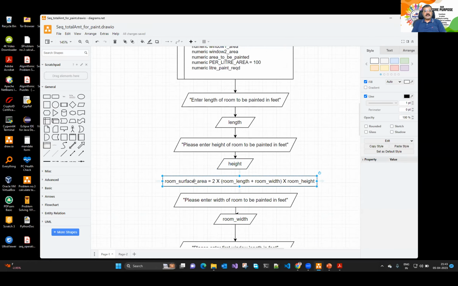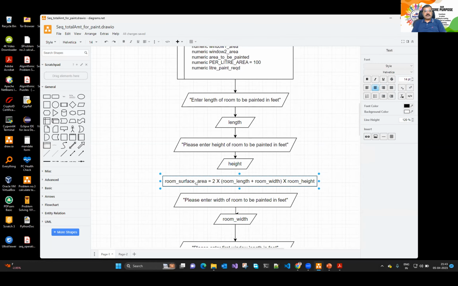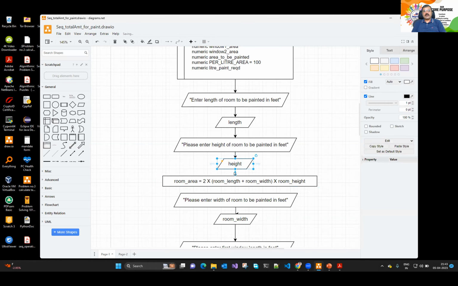So room area is what we had to calculate. So I'll just say room area. I'm saying room area is equal to so and so. So I have now calculated the area of the room.